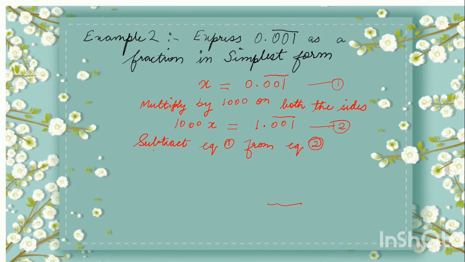So what you will get: 1000x minus x is 999x equals 1.001 bar minus 0.001 bar, so you will get 1. So x is 1 upon 999. So this is how you have to solve this.